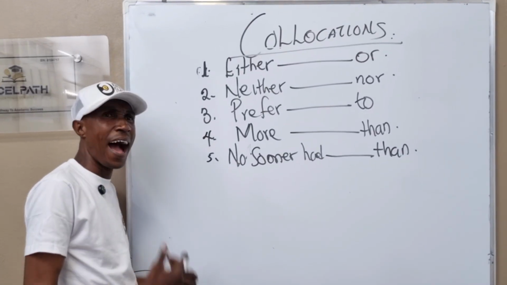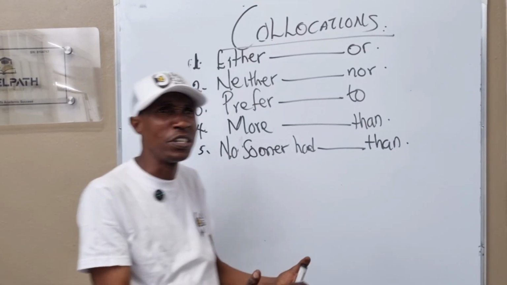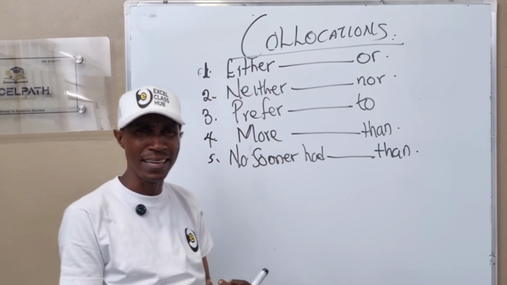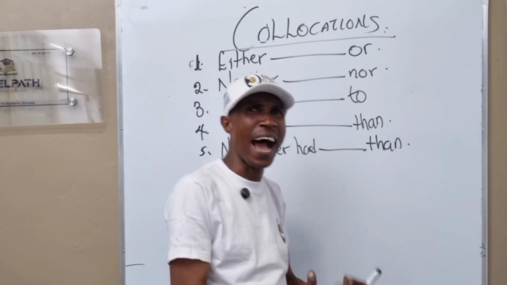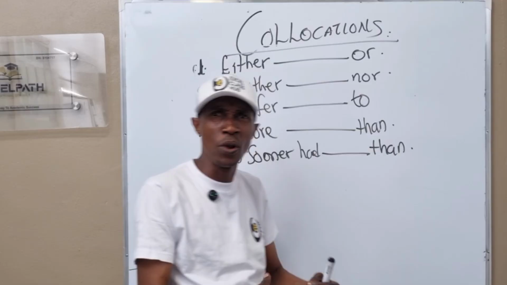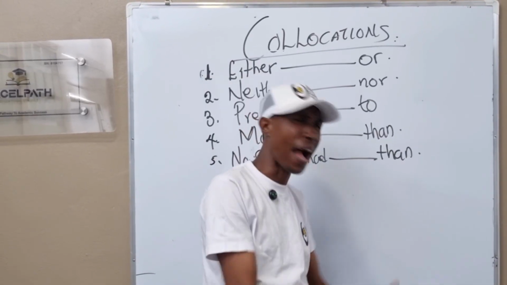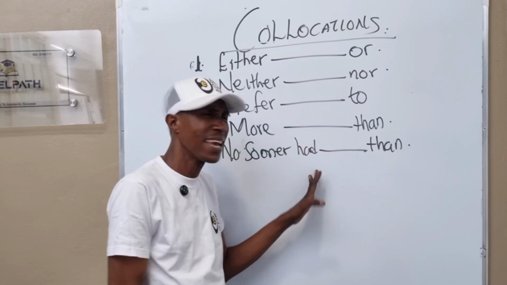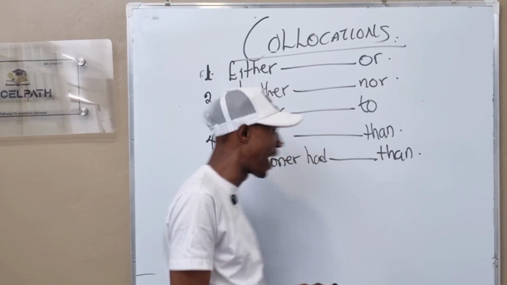No sooner had I jumped into the pool than my phone rang. So whenever you are making use of no sooner had, it goes with than.